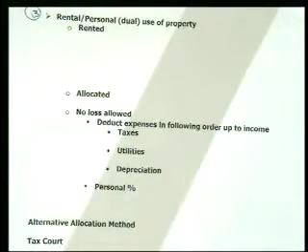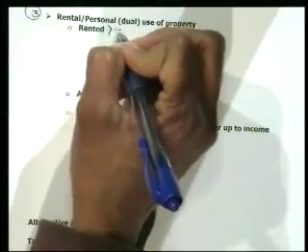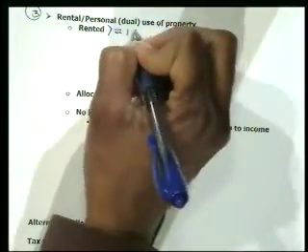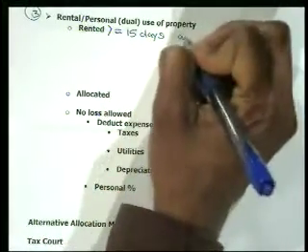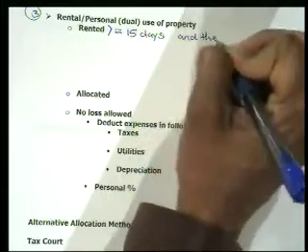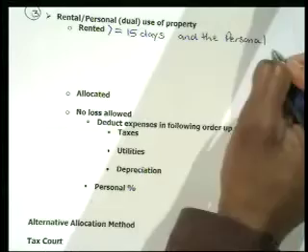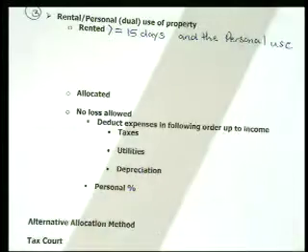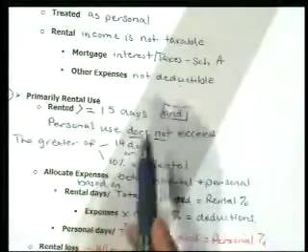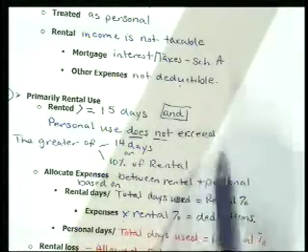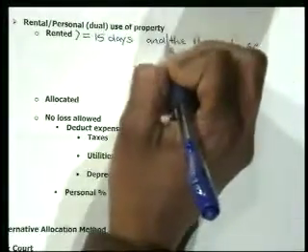The way that works, if it's rented for greater than or equal to 15 days, and the personal use exceeds. Remember in the other one we said greater than or equal to 15 days and the personal use does not exceed. So now we're at: and the personal use exceeds.